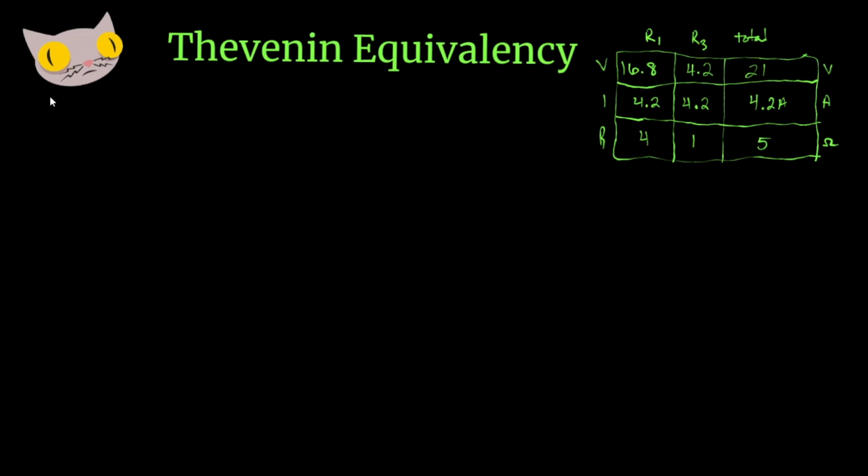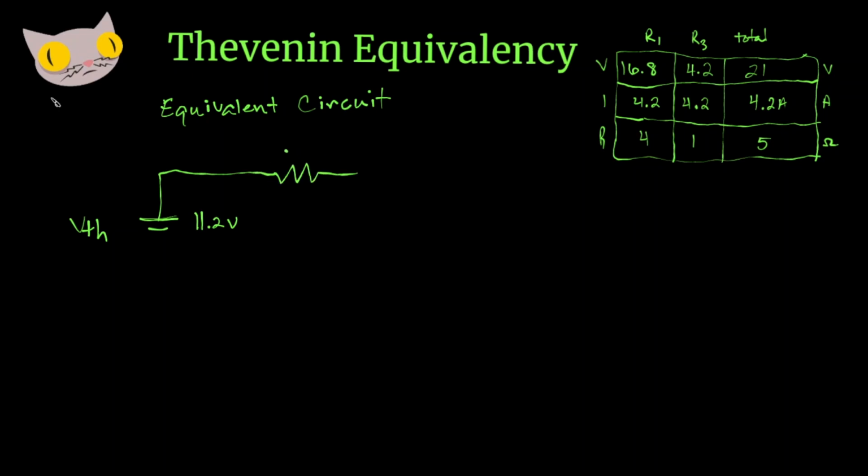Now let's construct the Thevenin equivalent circuit. So we know our Thevenin voltage was 11.2 volts. Our Thevenin resistance was 0.8 ohms. And our original load resistance was 2 ohms.